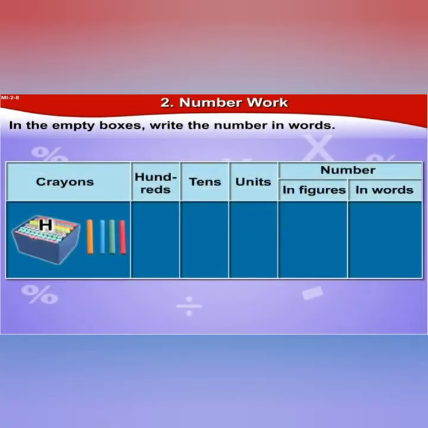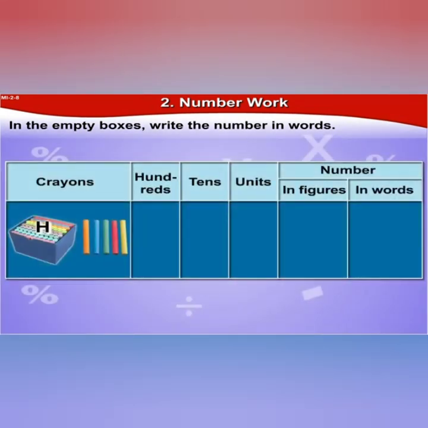Now the next picture has a box of 100 crayons and 4 more crayons, which means it is 100, 0 tens, 4 units. In figures it would be 104 and in words it would be 104.